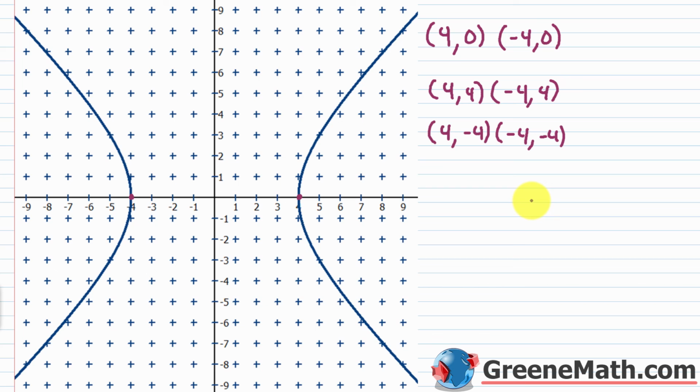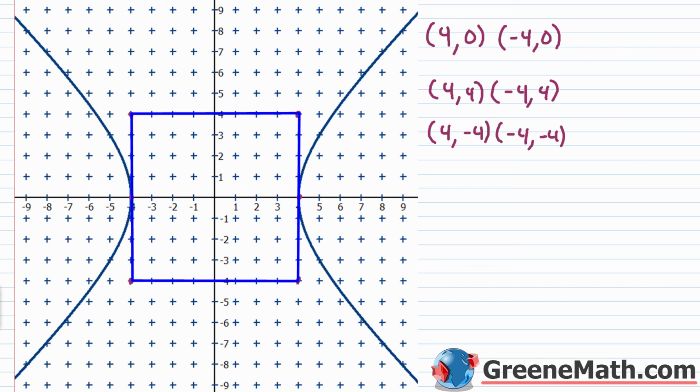So (4, 4) is here, (-4, 4) is here, (4, -4) is here, and (-4, -4) is here. Okay, so the rectangle is drawn.